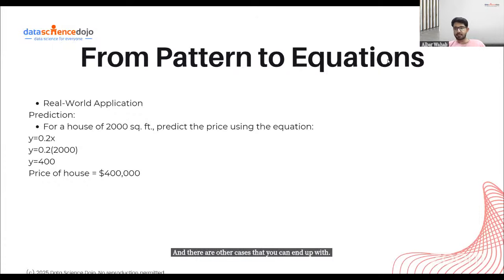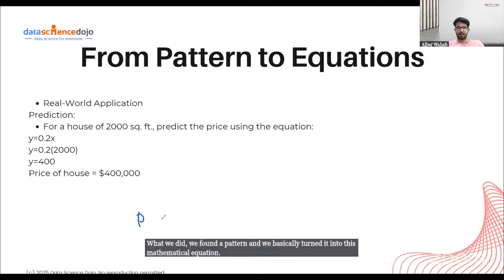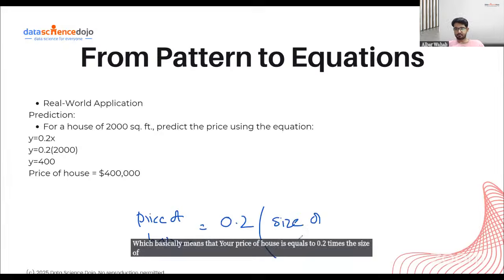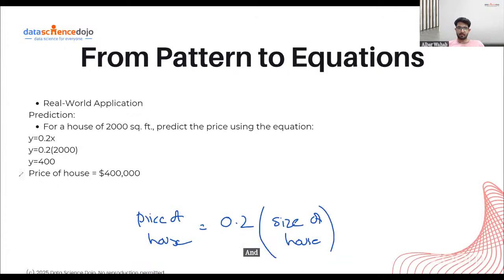But for the simple case that we're talking about right now, we found a pattern and turned it into this mathematical equation, which means that your price of house equals 0.2 times the size of house. And you can replicate this for other use cases as well.